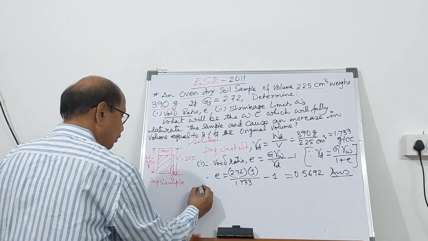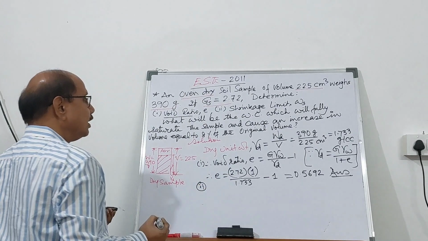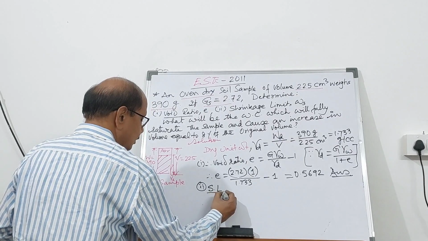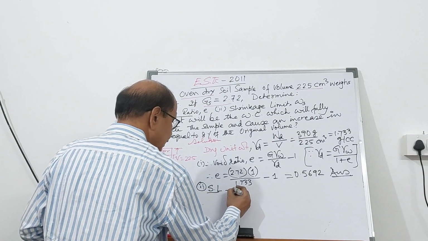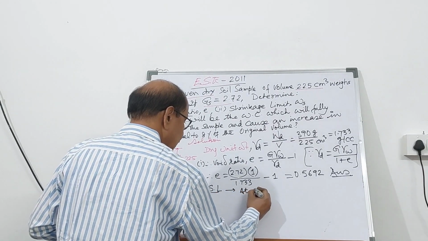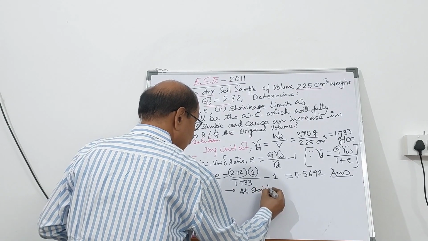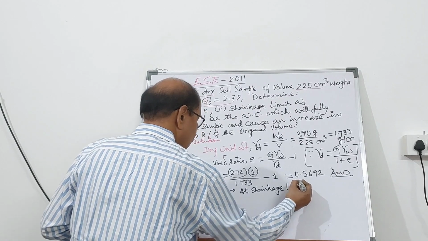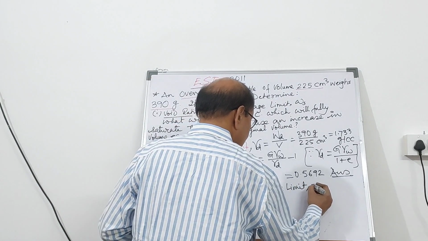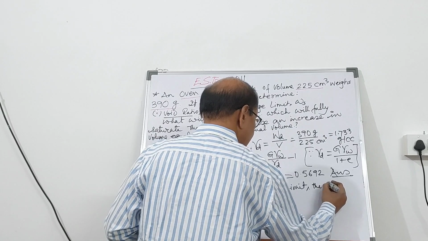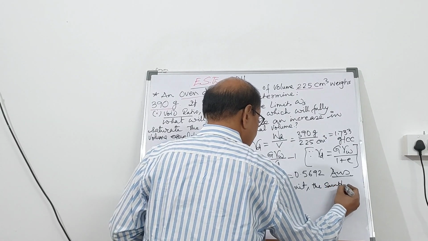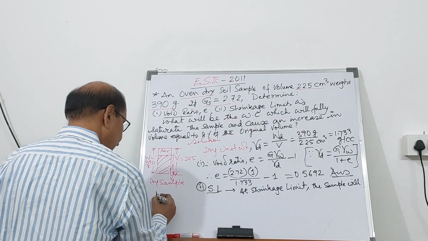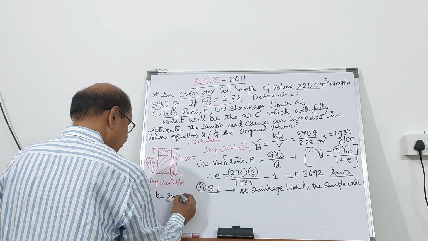Now, part 2 is the shrinkage limit. So how to find out the shrinkage limit? At the shrinkage limit, your sample will be just saturated.